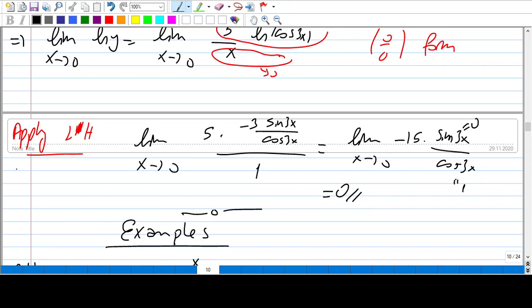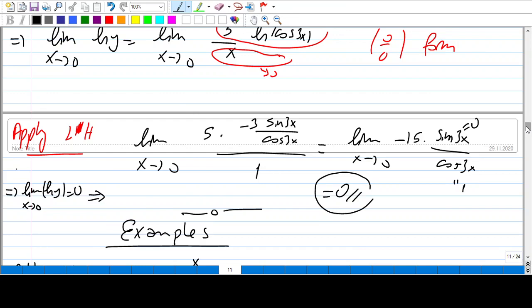But here we have a mistake. We have 0, but this 0 is the limit as x goes to 0 of ln y, equal to 0, but I need to evaluate the limit of y.